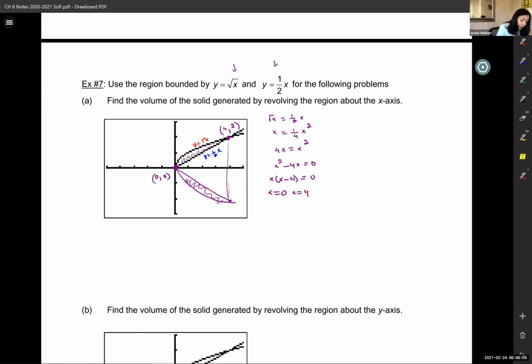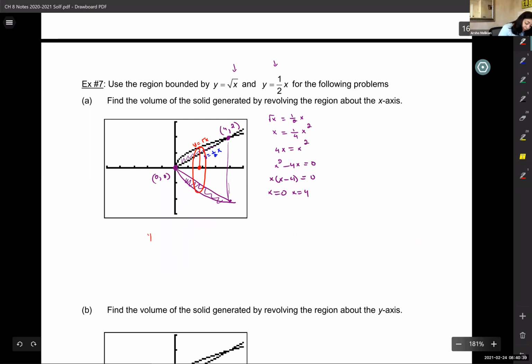Okay, so my cross section is this. I've got one large disc here, another small disc here, okay? So if I go one by one here, I need to find the radius of the large disc, and it's always going to go from the axis around which you're rotating, this is the x-axis, up to the outermost perimeter, right?